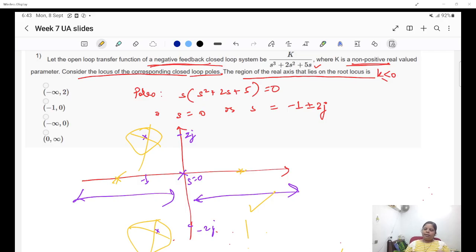Once you count, you get it to be equal to 1, so it becomes odd, and hence there is no root locus lying over here. So from here you can say that 0 to infinity is the region of the real axis that lies on the root locus.